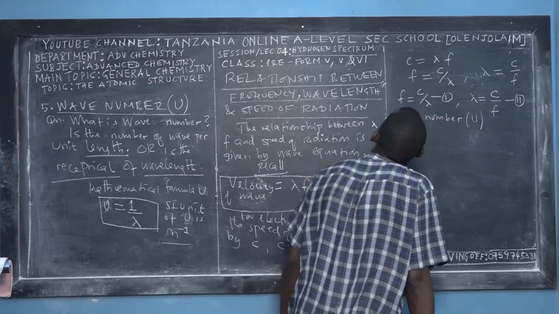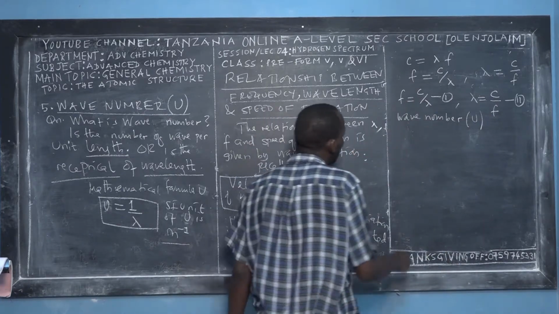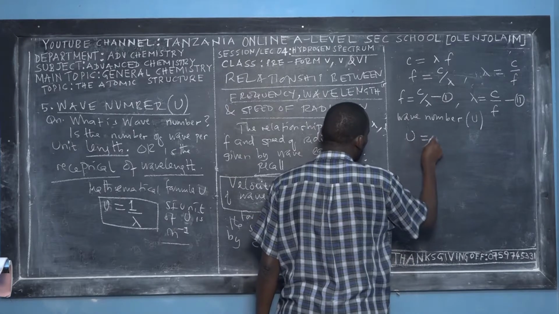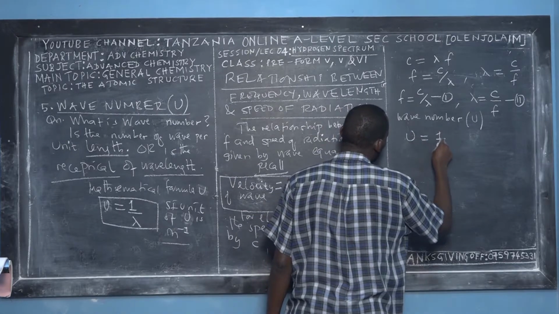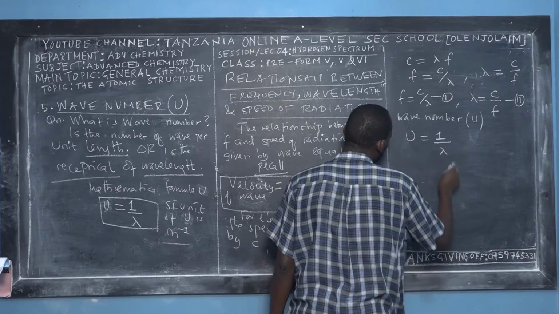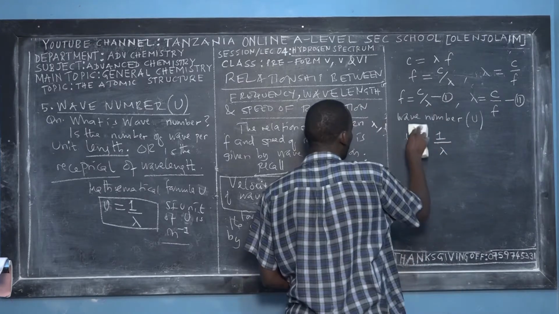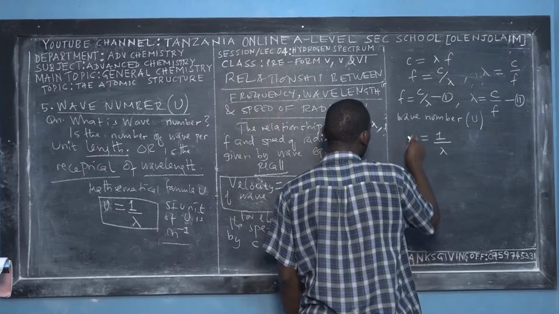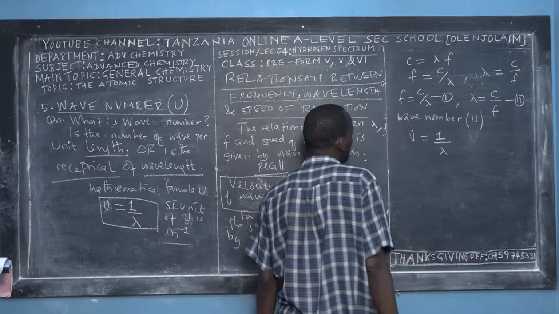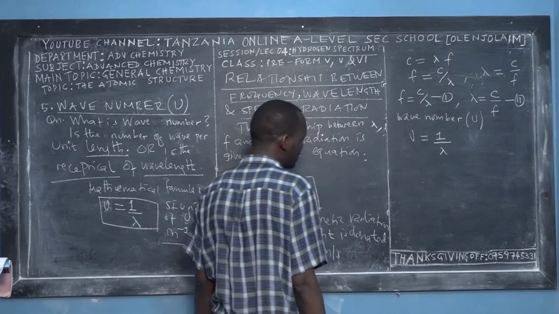The wave number is the reciprocal of wavelength.